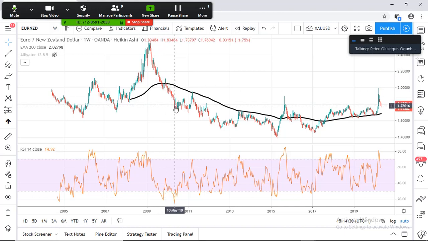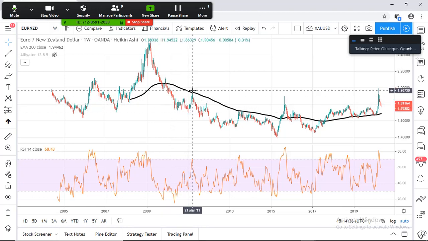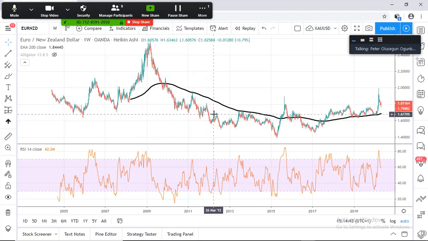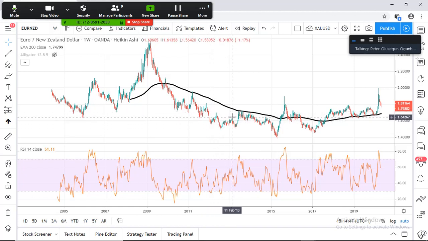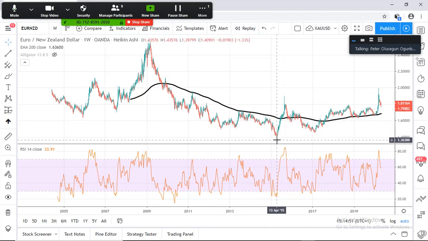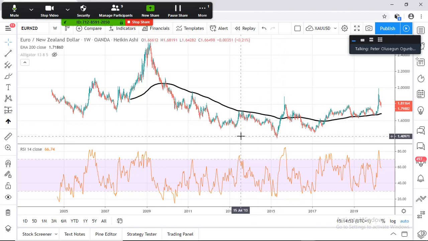It went down, it went up to this point. This is a pullback. Down to this point, went up to this point is another pullback. Went down to this point, up to this point is another pullback. Down and up is another pullback. Down and to this point is another pullback.